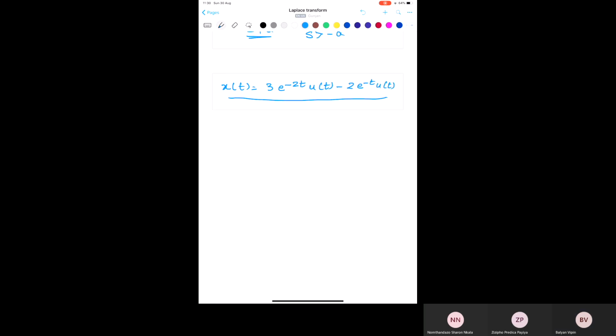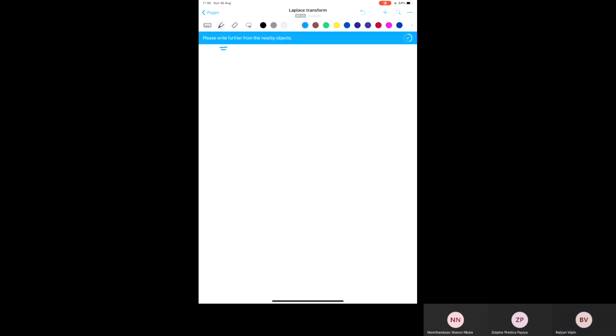So if you see what we have is 3e raised to the power minus 2t u(t). So basically we have to find X(s). Always try to write the formula in this way.